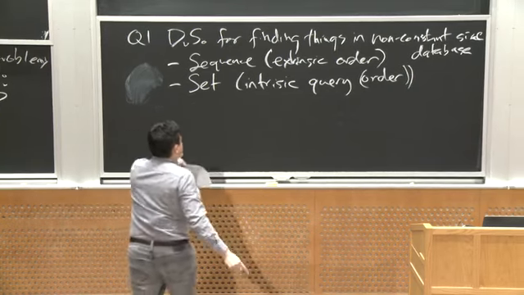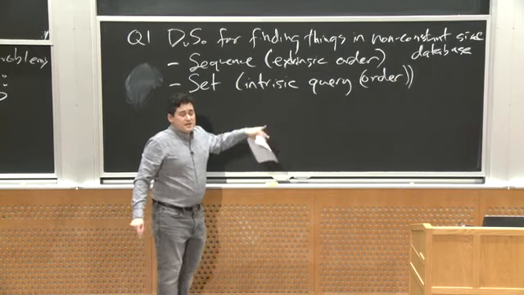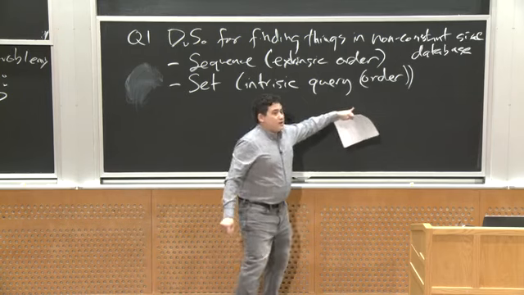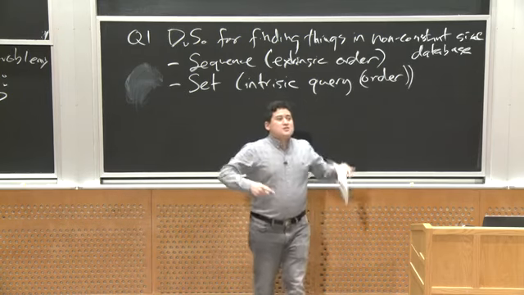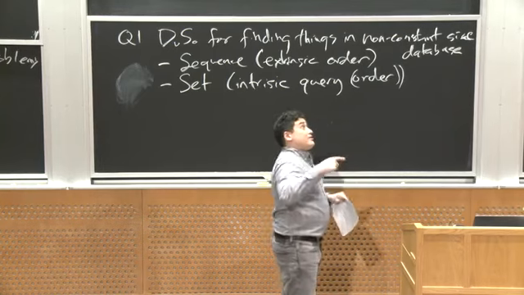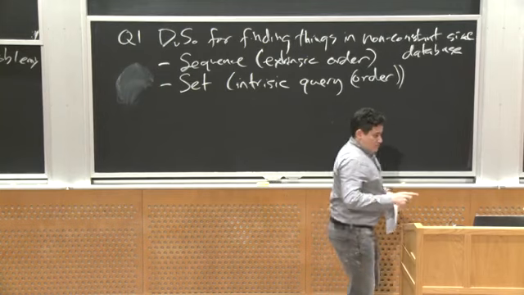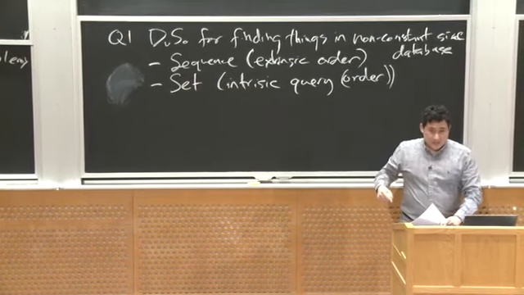But it does support intrinsic queries. Is this thing in my set or not? But we did show you other set data structures that do support an intrinsic order that allows me to see what the next larger or the next smaller item is in my set, right?